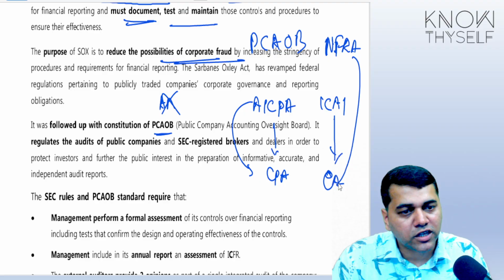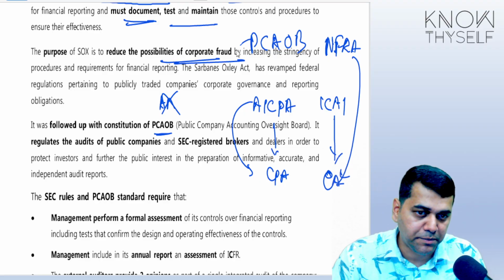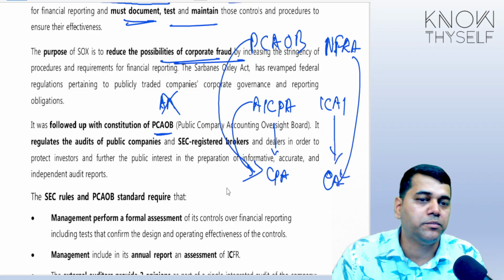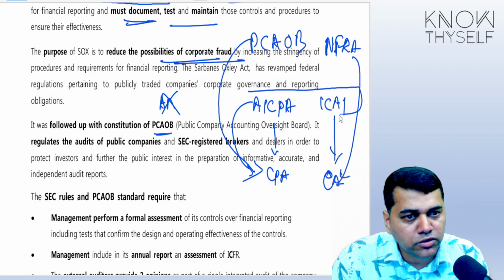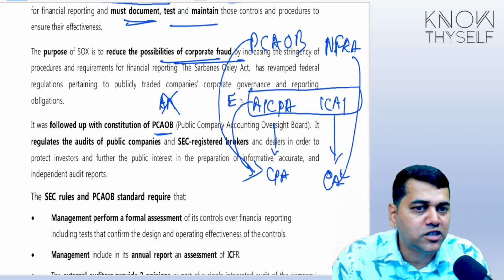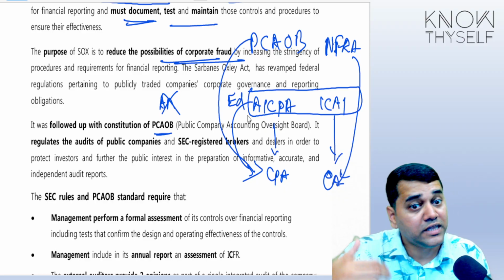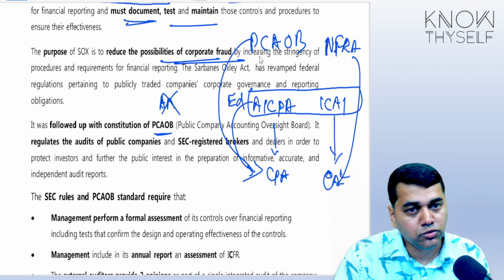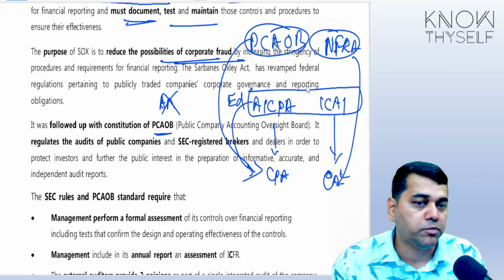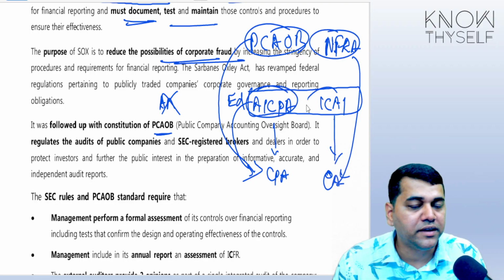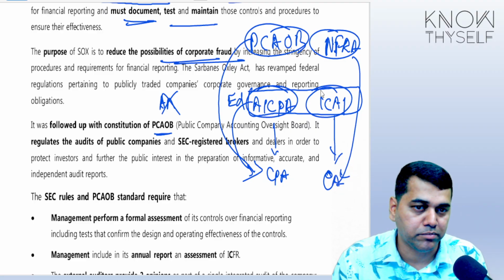So today they have got authority to take action against CAs, like PCAOB has against the CPAs. So now these institutions have been made educational institutions only. Previously they were regulators. Now these people have come to regulate our profession. And what AICPA and ICAI are doing is training the members.